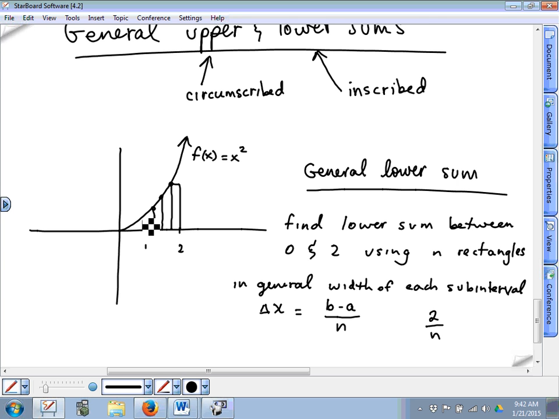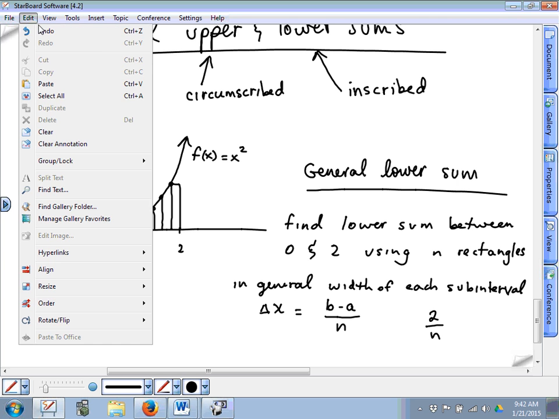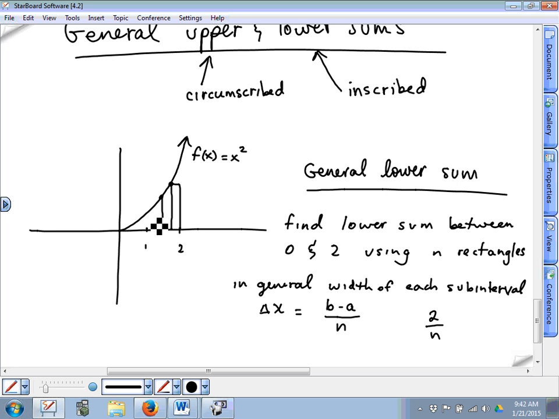So just draw a couple of rectangles. Make sure they're all the same width. What's B and A? What are those things? Well, in this case, A is where the interval starts, 0. B is where the interval ends along the x-axis. Is that what you're asking?